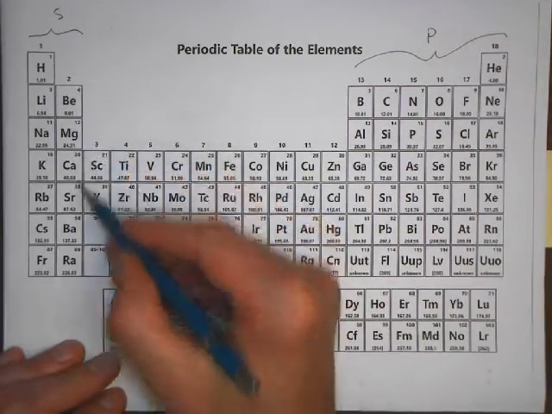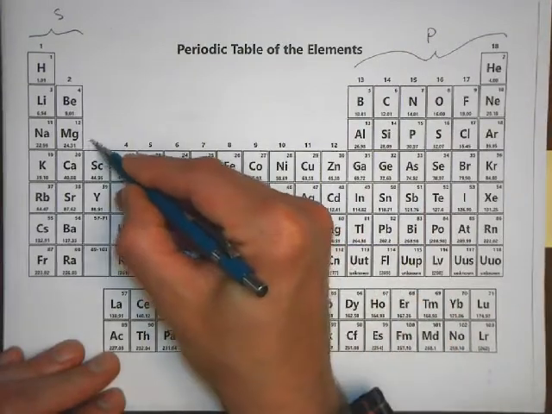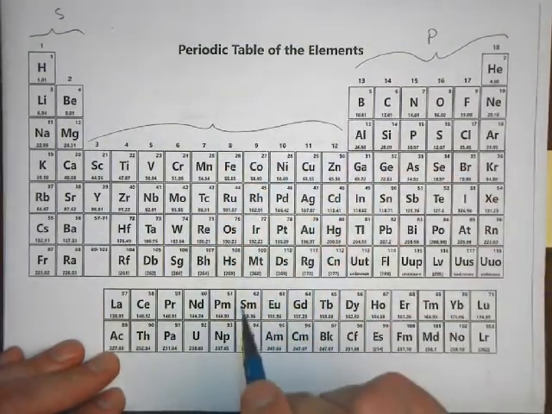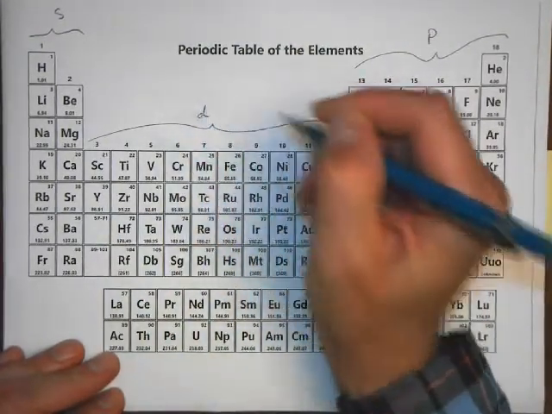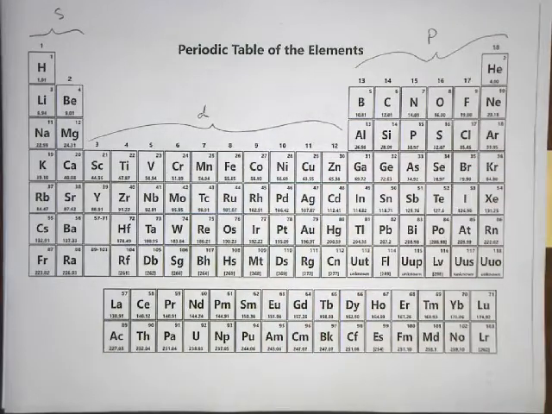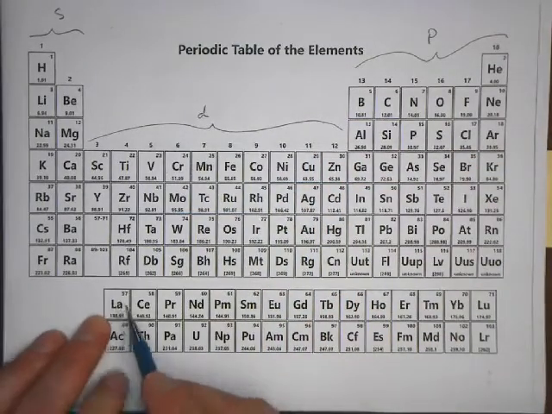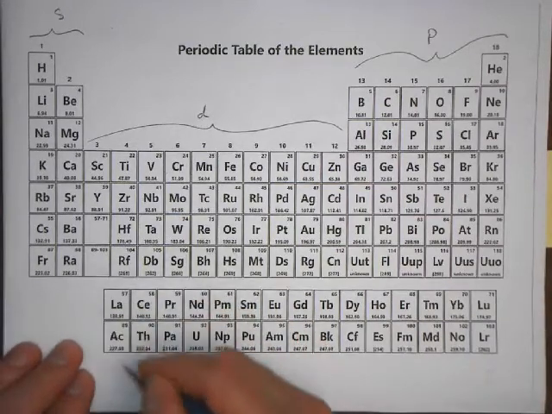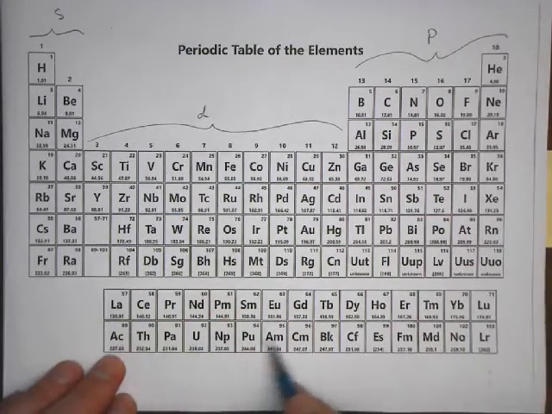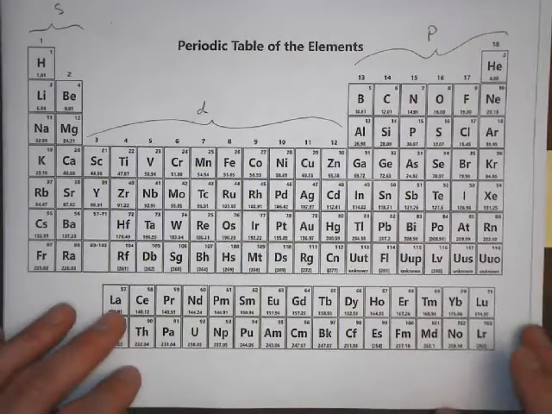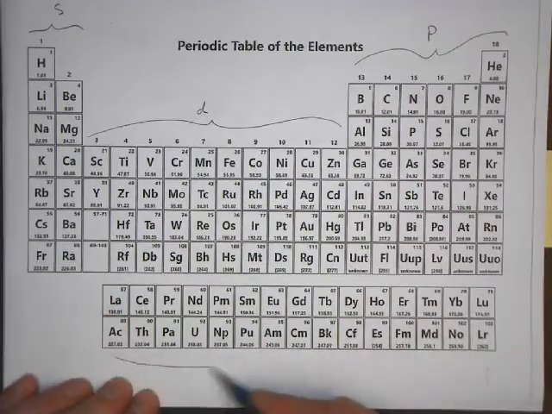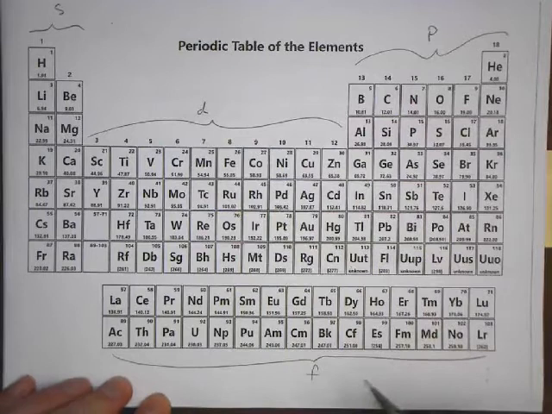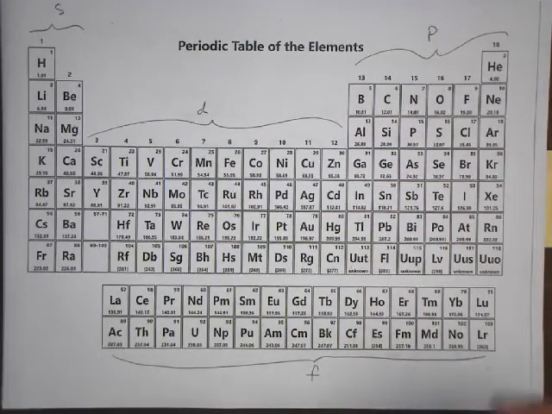With the transition elements here, what we have are the d orbitals filling up. With the lanthanides, those are the 4f orbitals filling. And here with the actinides, we have the 5f orbitals filling. So here we have the f orbitals that are being filled up.